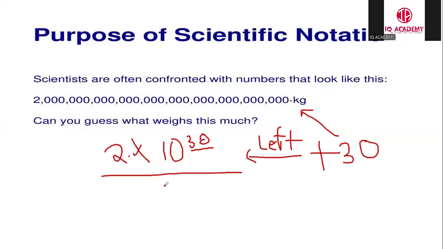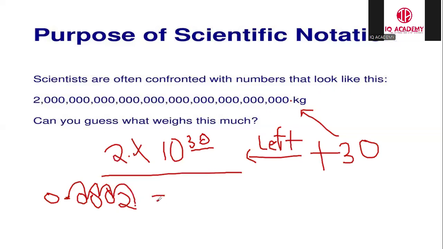But let's say, for example, this number 0.0002, and I want to express it in scientific notation. Remember, this number should be greater than 1, but less than 10. So if I move this point now, I'm moving it from the left to the right. So I'm going 1, 2, 3, 4. I've moved 4 times.